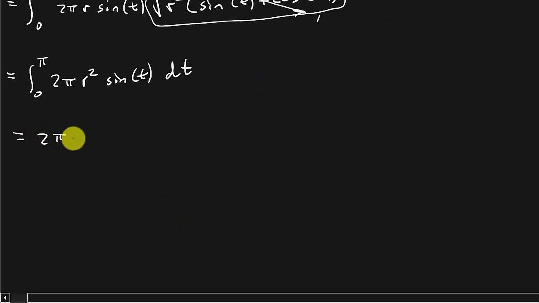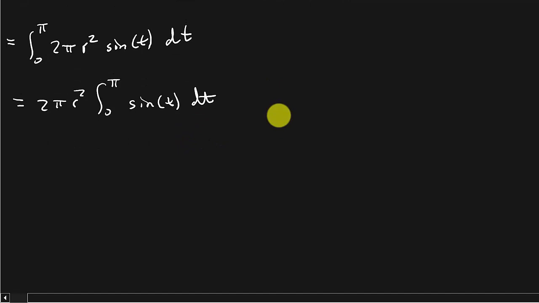And so 2 pi r squared, integral from 0 to pi, sine t dt. Look at that. See how easy that is? And so we get 2 pi r squared times negative cosine t from 0 to pi.